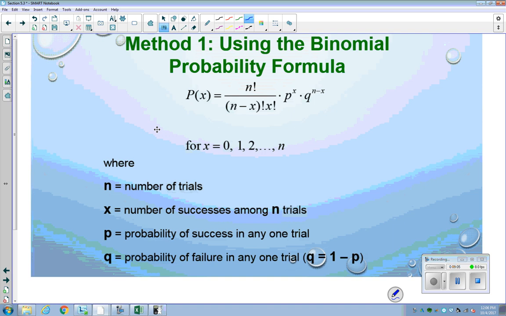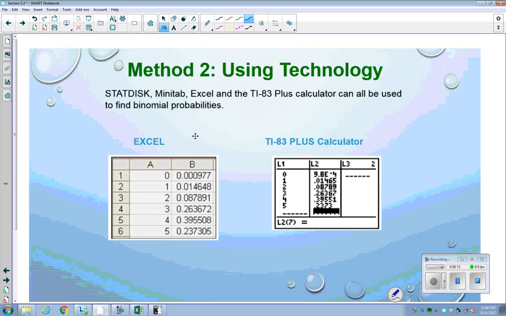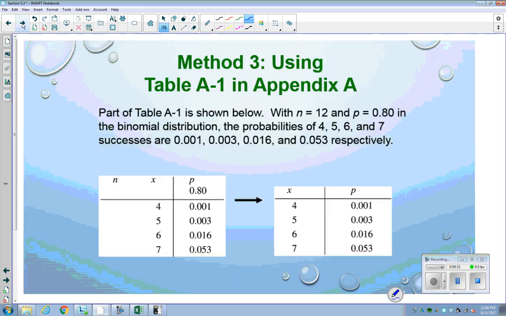So that formula makes sense. You have to remember which of those is which, regardless of whether you're using the formula or another method. So we could use Excel. Maybe I should make an Excel one on this. You could use StatDisk, anything like that. I'm sure that's on StatCrunch as well. And the TI-84 calculator, and that's what that would look like.